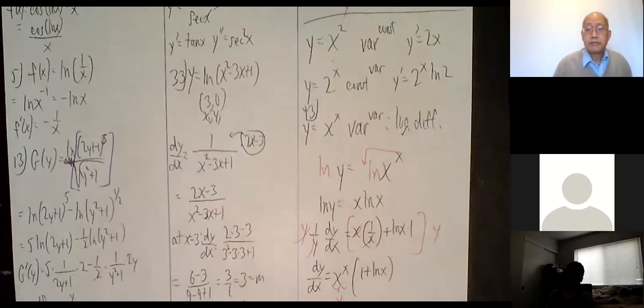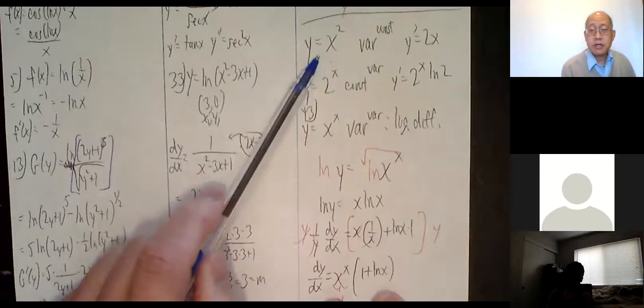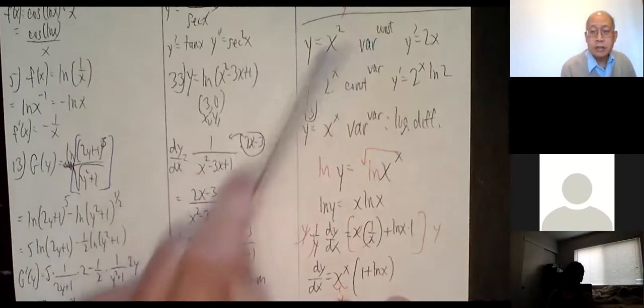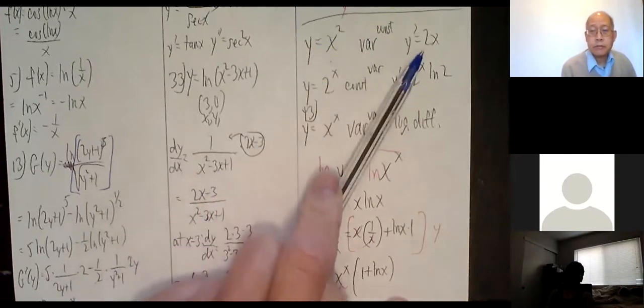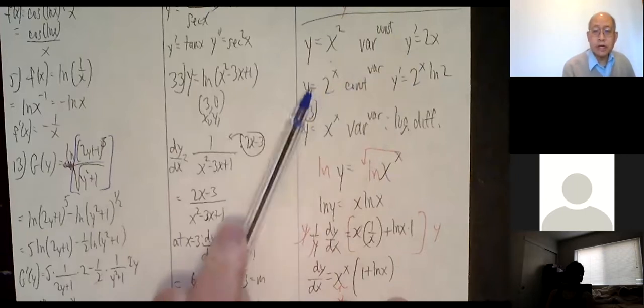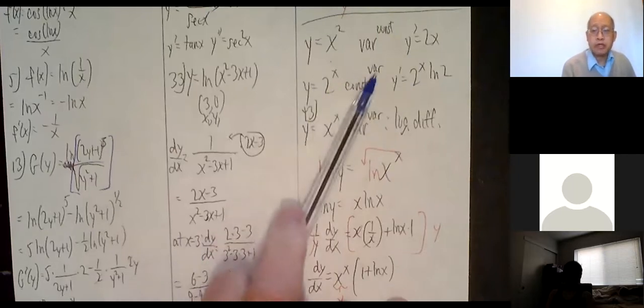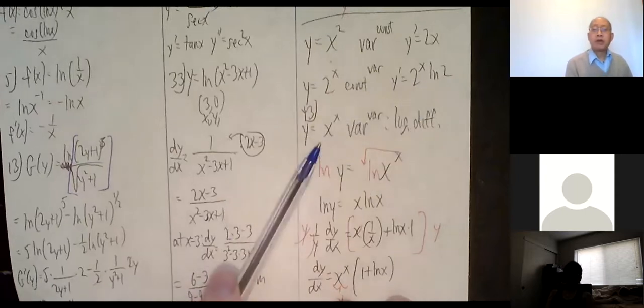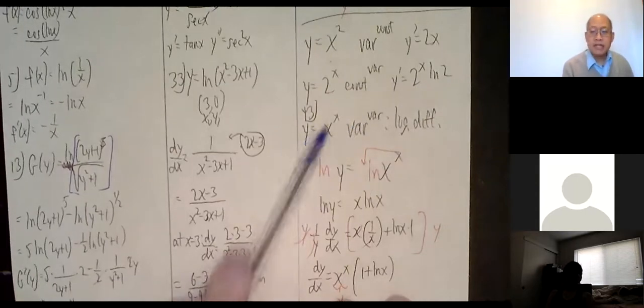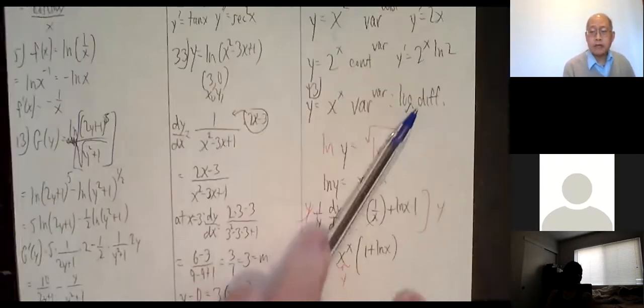It's still a constant. So please note this. Variable to a constant, like x squared, power rule, 2x. Constant to a variable, like 2 to the x, exponential function, derivative is 2 to the x ln 2. Variable raised to a variable, like x to the x, logarithmic differentiation.